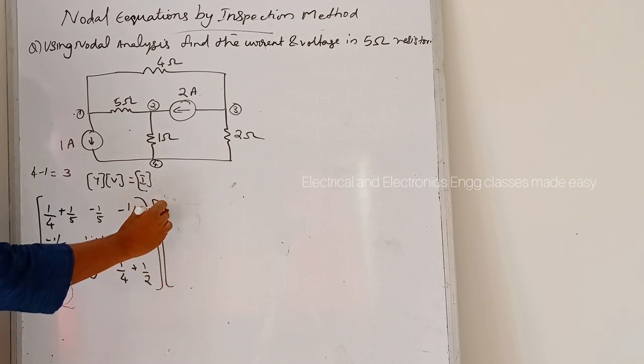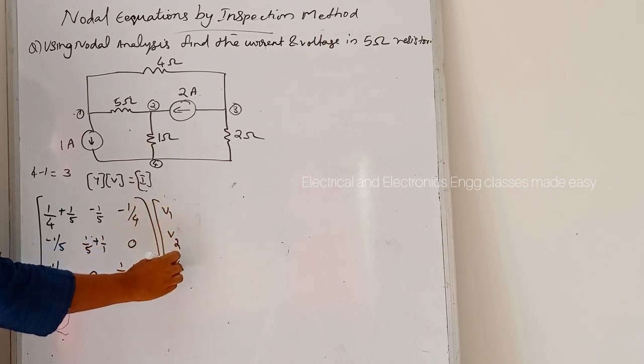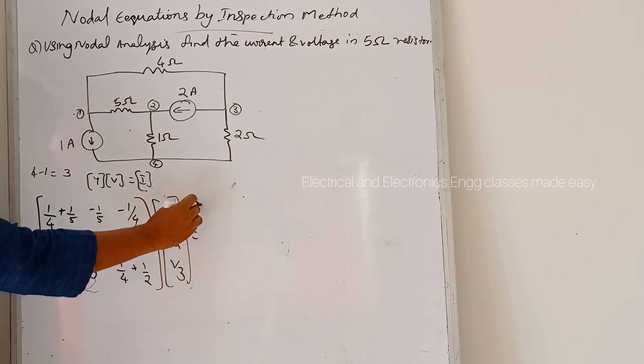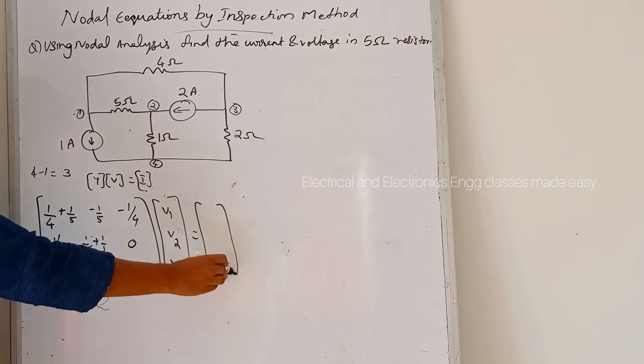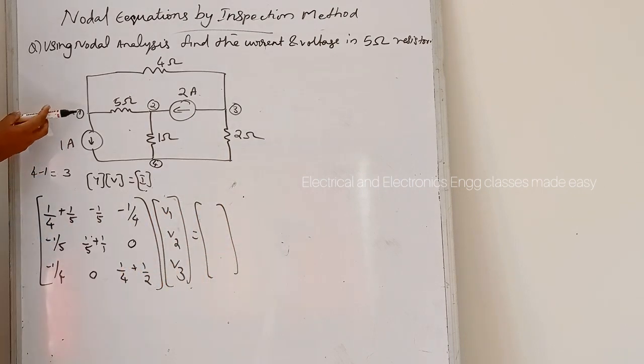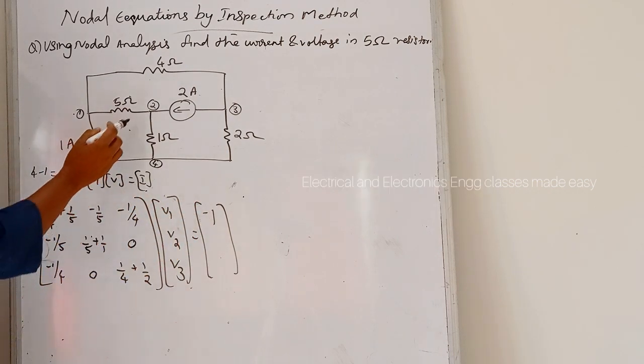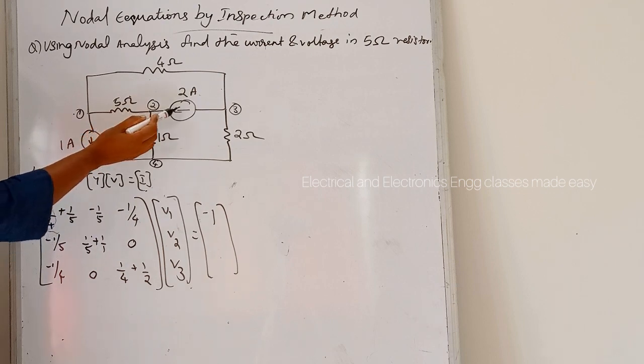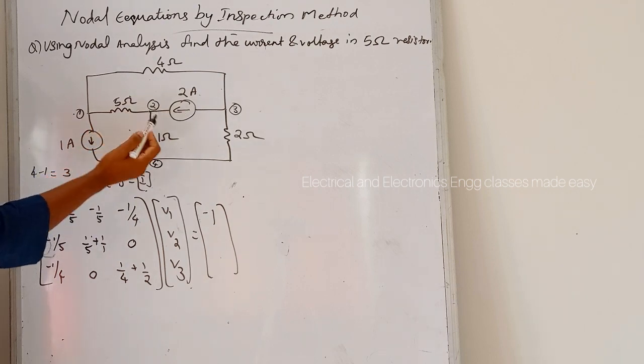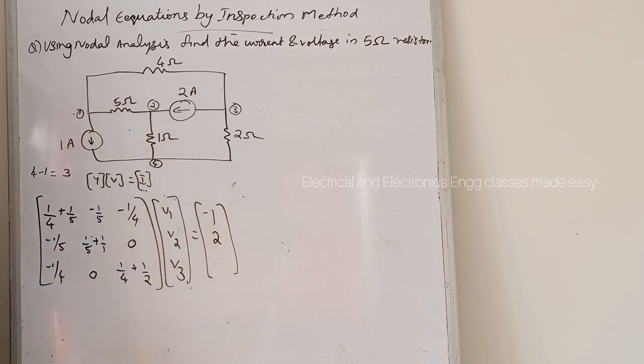Then unknown voltages are V1, V2 and V3, that is equal to then the driving currents. While considering the node 1, this 1 ampere current is flowing away from the node, so it is minus 1. Then node 2, this 2 ampere current is flowing towards the node, so it is plus 2.